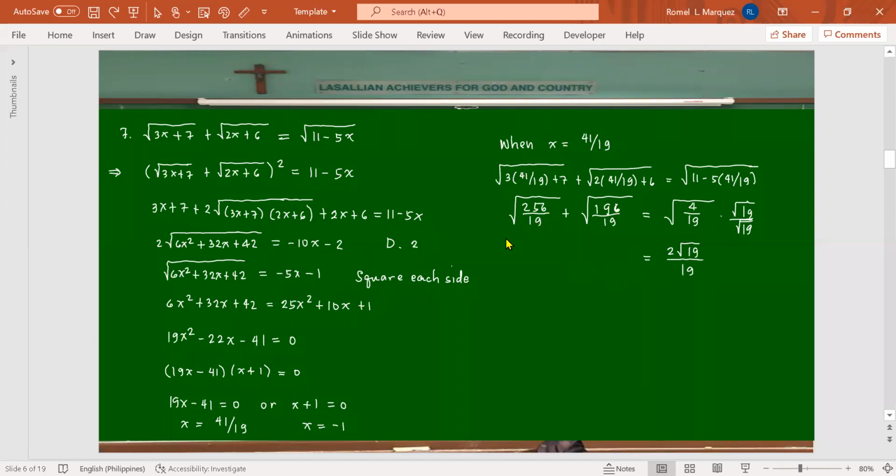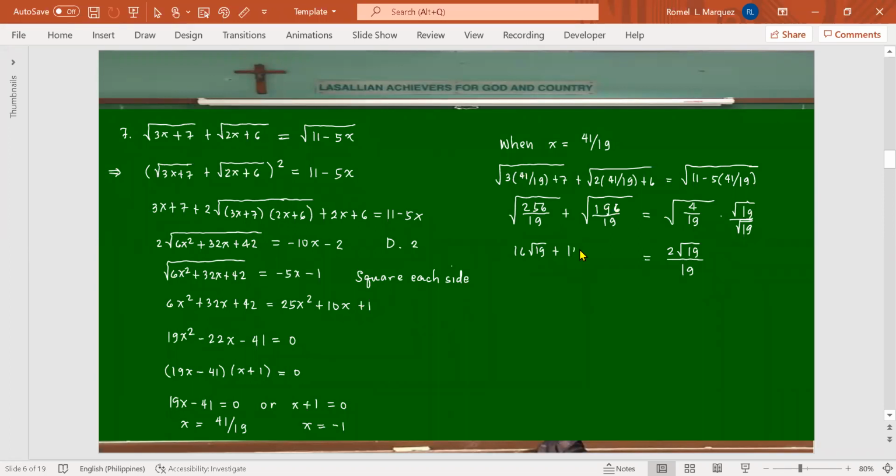What is the square root of 256, by the way? 16. So 16 square root of 19 over 19, plus the square root of 196, which is 14.